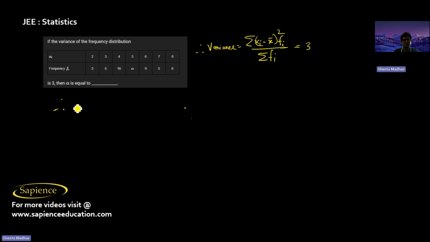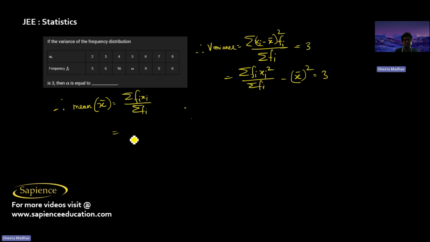Therefore, now the mean value. The mean, which is x bar, is equal to summation fi xi by summation fi.